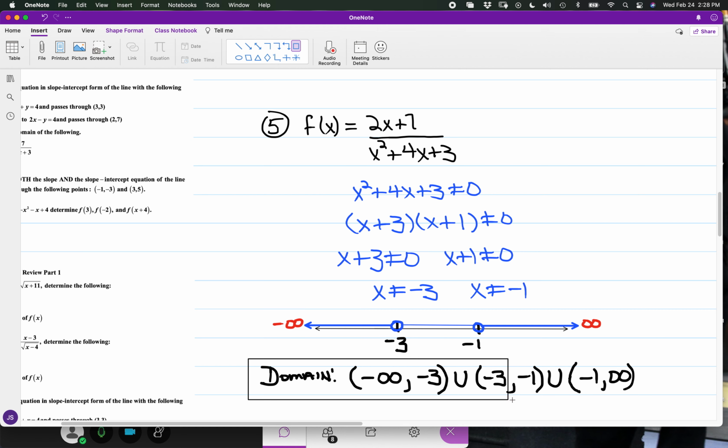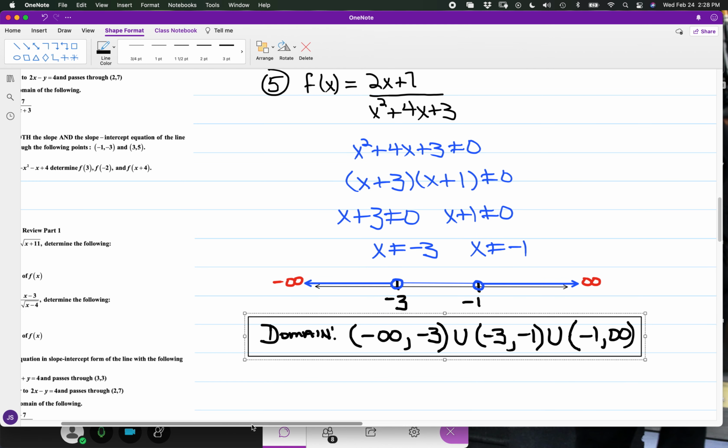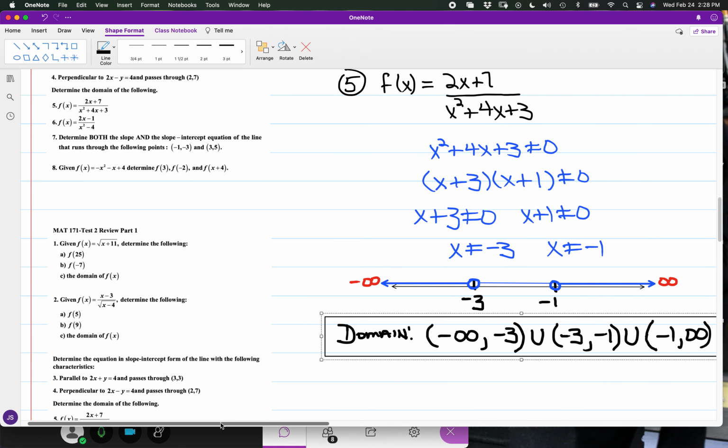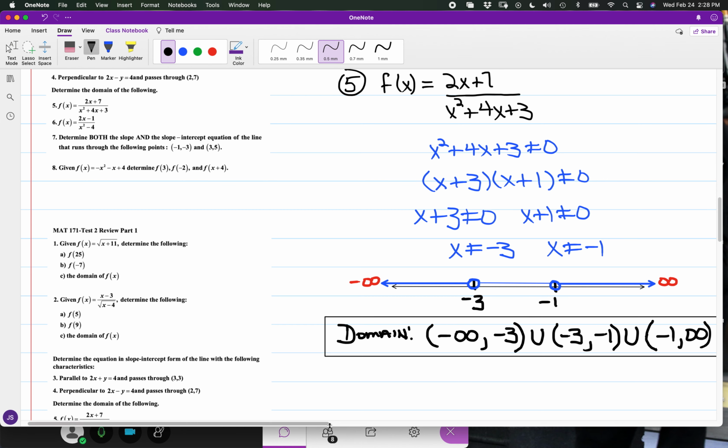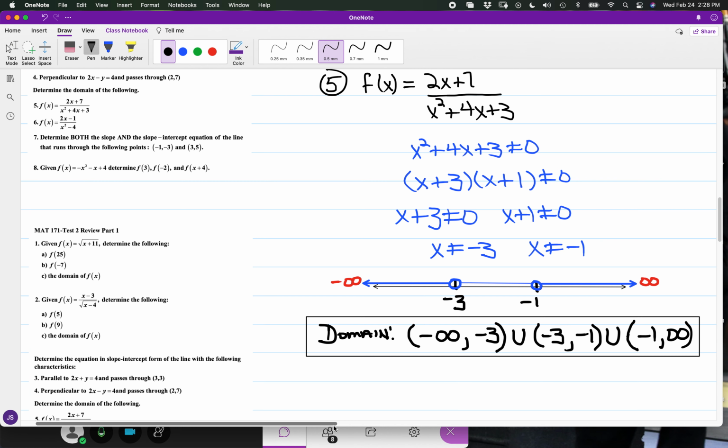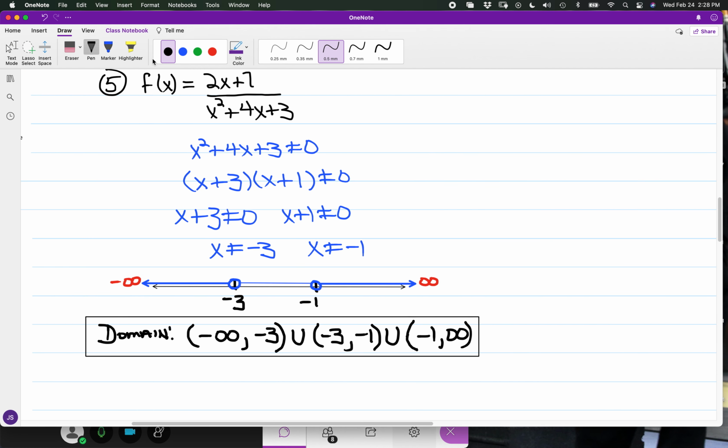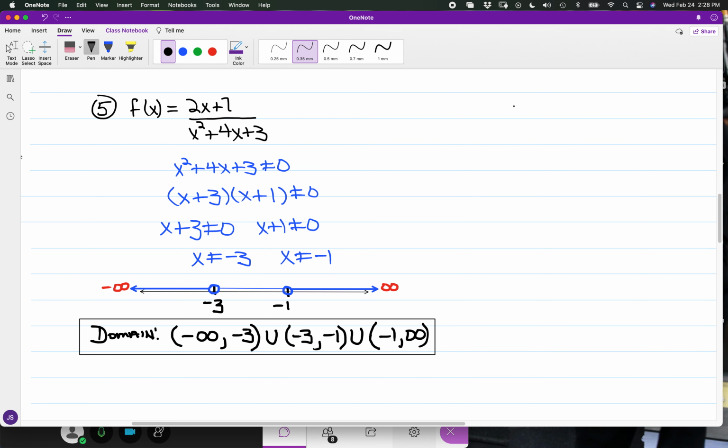All right. Now for number 6, we have 2x minus 1 over x squared minus 4, so f of x is equal to 2x minus 1 all over x squared minus 4.